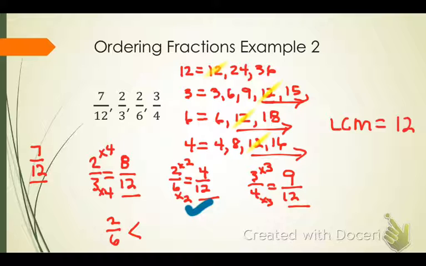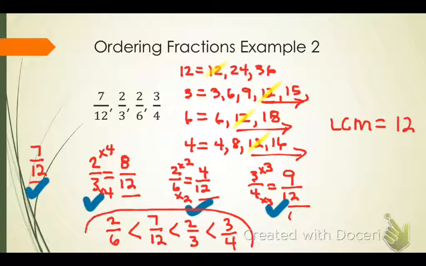And next we would have 7/12, and the original fraction is 7/12. And then of course we have 8/12, and the original fraction was 2/3. And last but not least, 3/4. And here we have our answer.